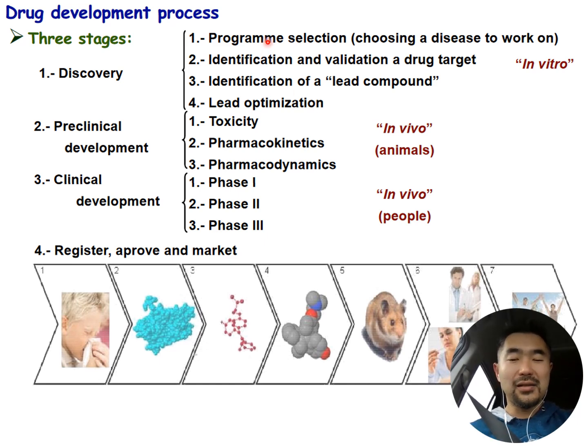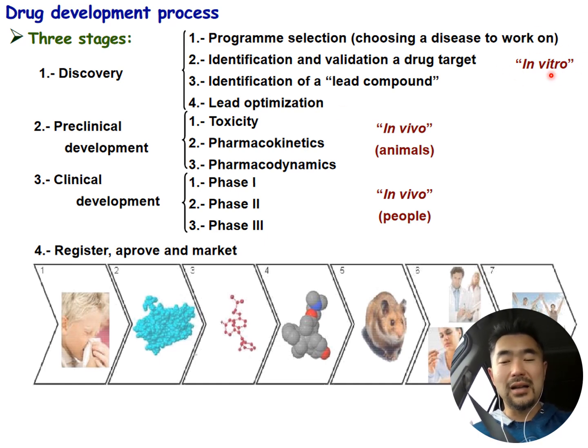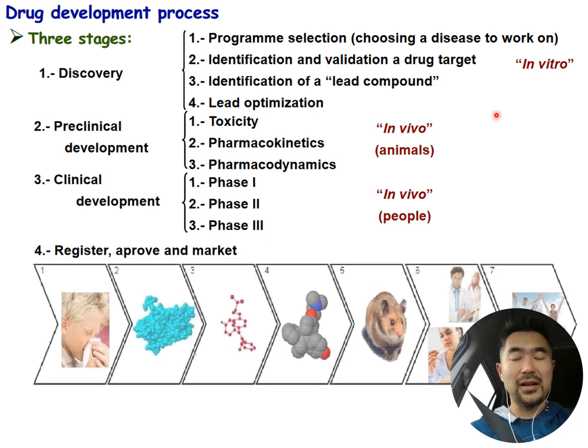If you do test the properties, bioactivities of the compound, those are all in vitro, meaning not in an actual animal or living animals. These are terms that you hear a lot in this type of bioactivity testing context, so you might want to be aware of it. In vitro just means you're not using any live animal.